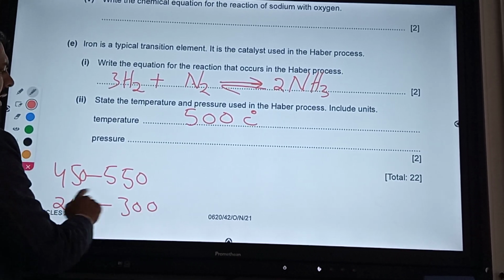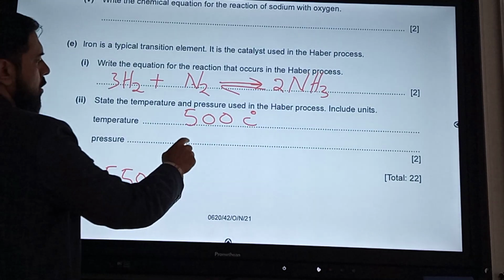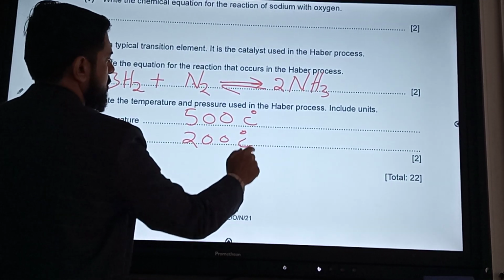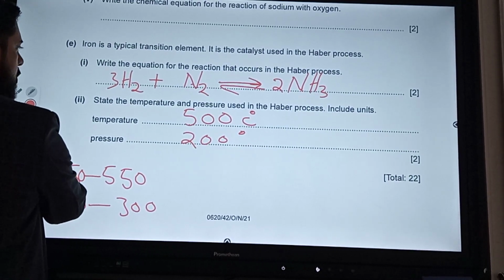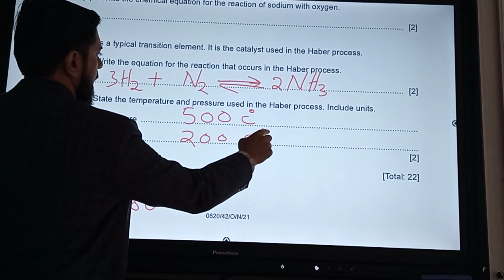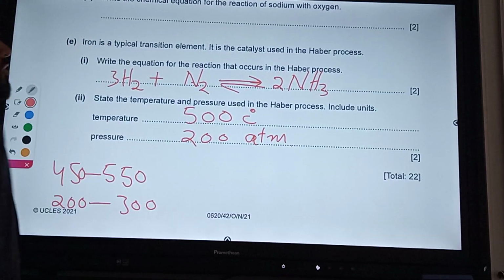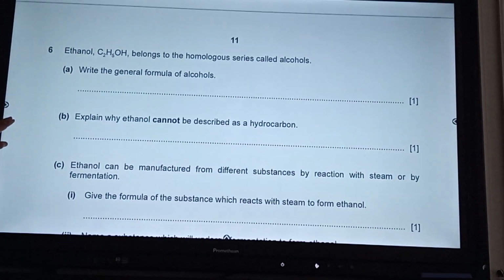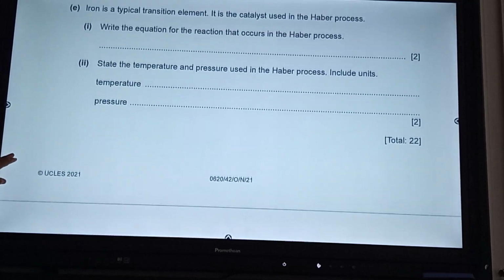So you may write any value in between, so you may write 200 or 250. So I'm going to write 200. Sorry, pressure. So we have to write atm, atmospheric pressure. So the question is finished here. We will continue with the next question, inshallah.